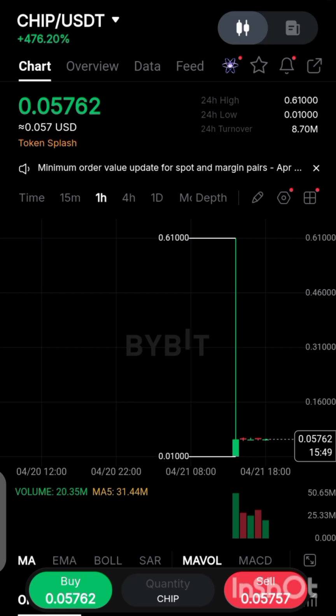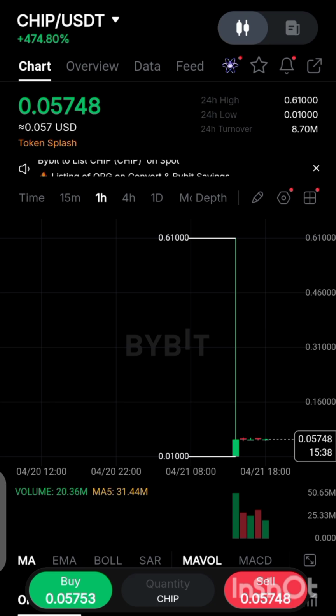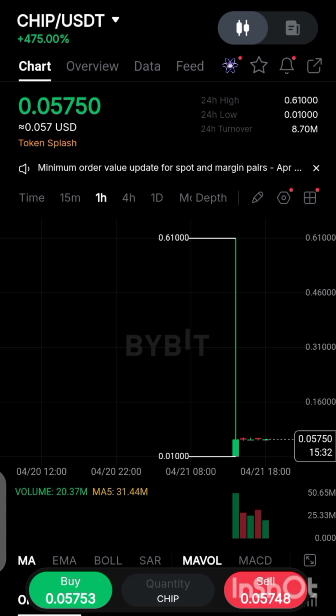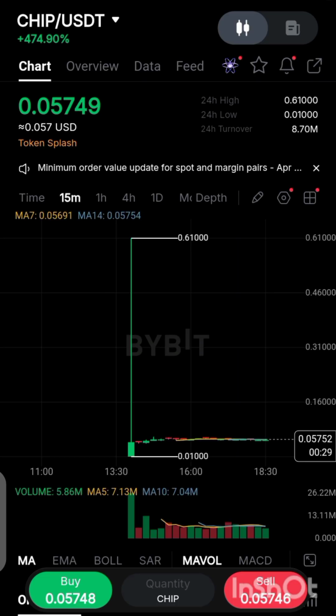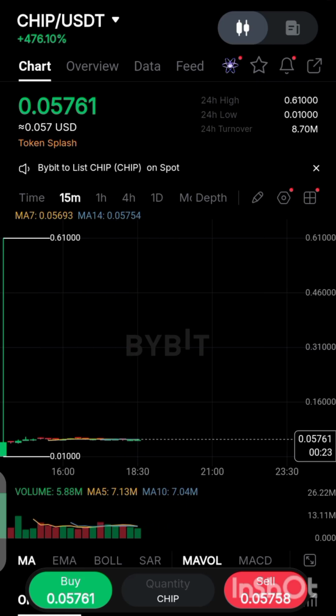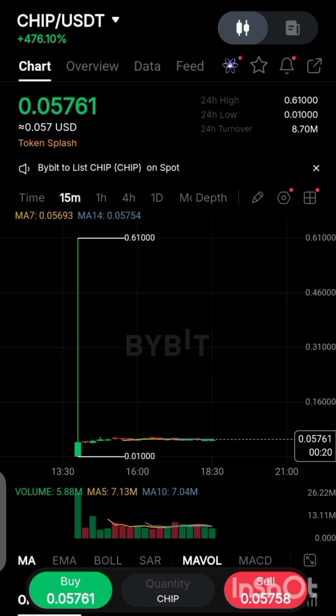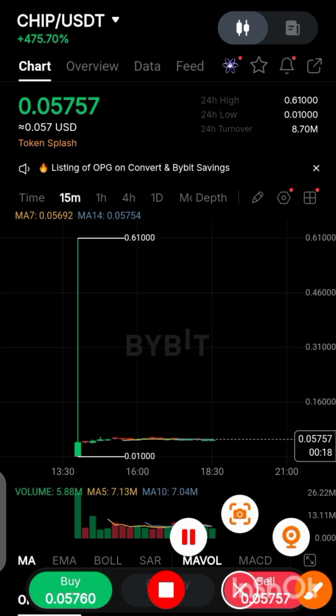Now look at what you need to do, because what you only need is the chart. You need to see the candlestick and watch what is actually going on in the market. So the next thing you're going to need is to go to a low time frame, like the 5-minute or 15-minute time frame. I would like to use 5 or 15 minutes, but I prefer 5 minutes.